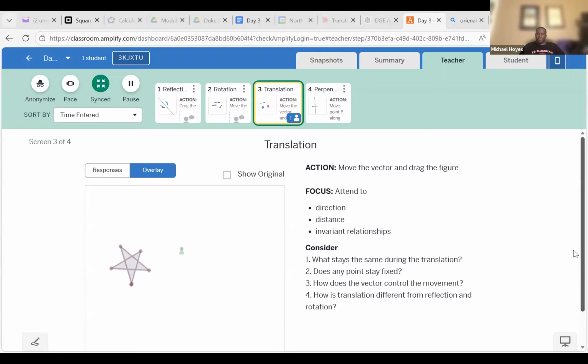There is no turning, there is no flipping, it's just sliding. And that makes it a little different than the other two, where orientation starts to change when you reflect and rotate things around. When you start turning stuff or flipping things, orientation starts to change. But in translations, that does not take place.